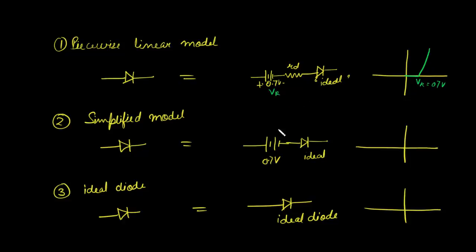Call this Vk also. For the simplified model, we have this type of curve. It is Vk, and for the ideal diode we have already seen the curve will be like this. The transfer characteristic curve will be like this.